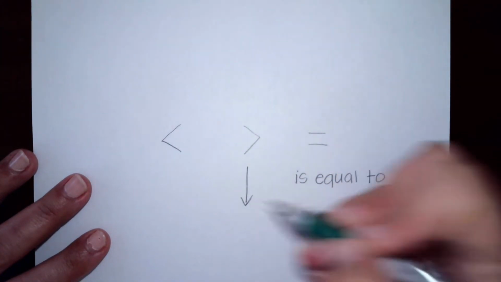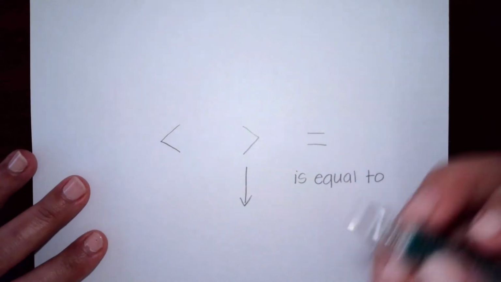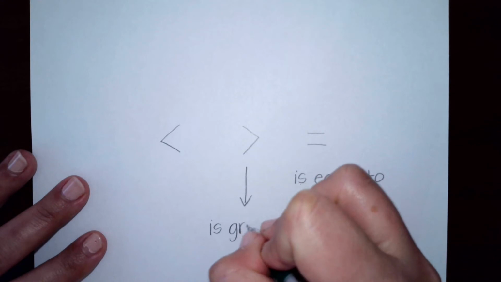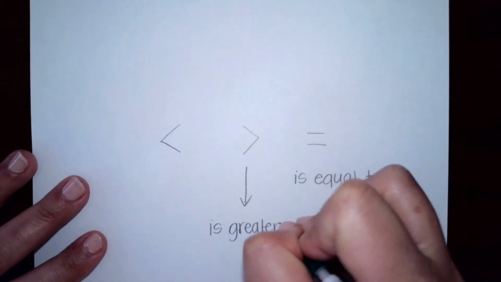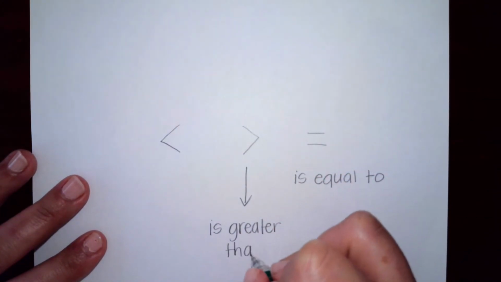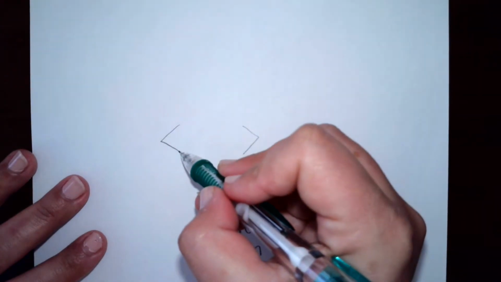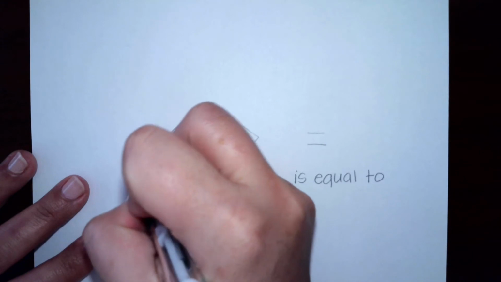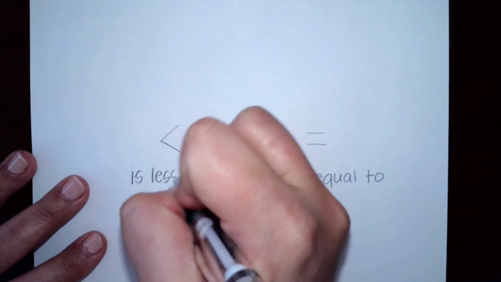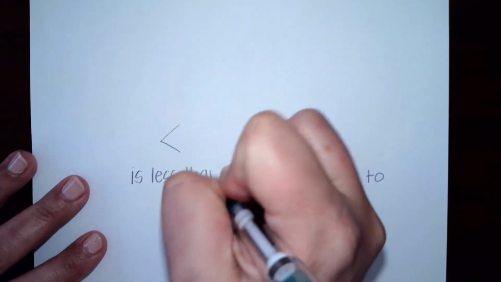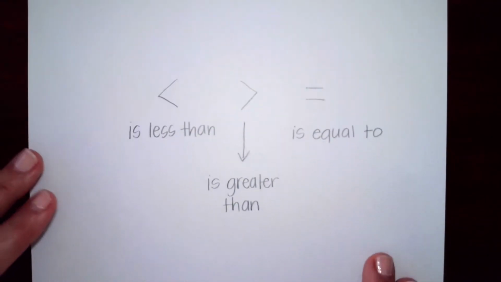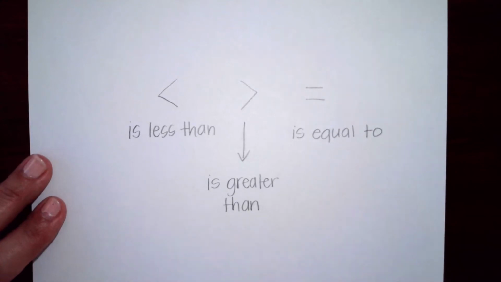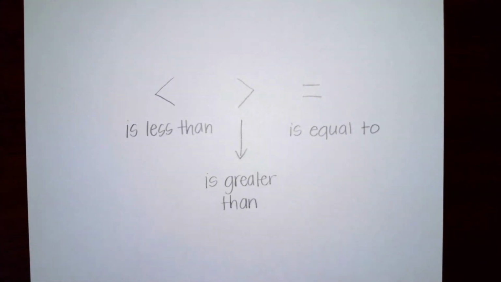This one right here is called the greater than symbol, or "is greater than." And this one right here is the opposite of greater, which is less than. So "is less than." So you'll use these three phrases when you are comparing numbers.